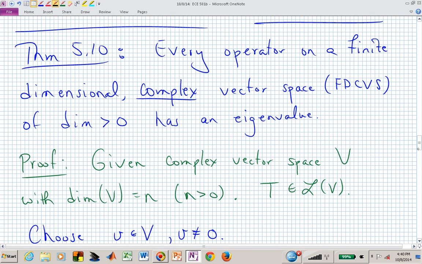Meaning we were saying if you have an operator on a finite dimensional complex vector space, you know that you have at least one eigenvalue.